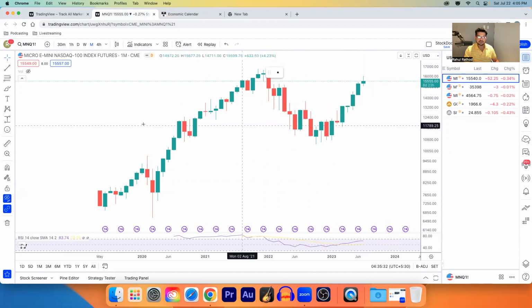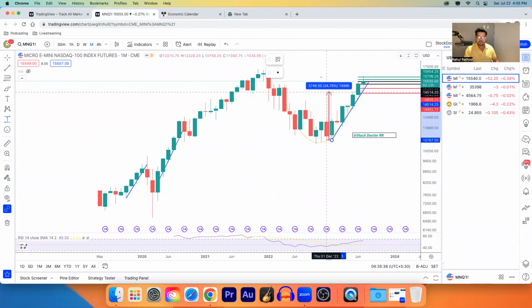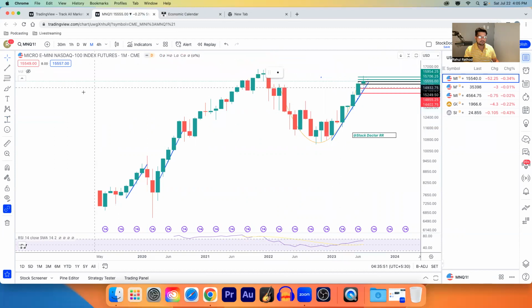So these are almost 6 months. I want to understand what upside it has made. So it has made an upside of almost 50% from the bottom, and currently it is trading about 44% up from the bottom.